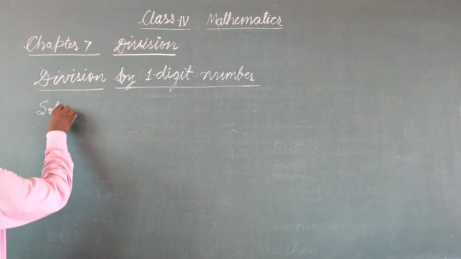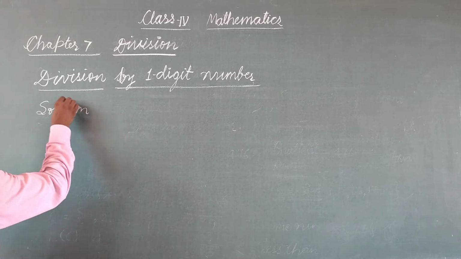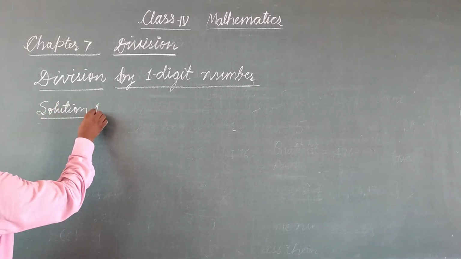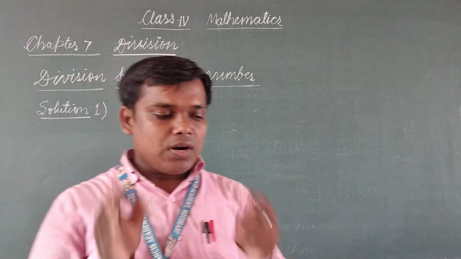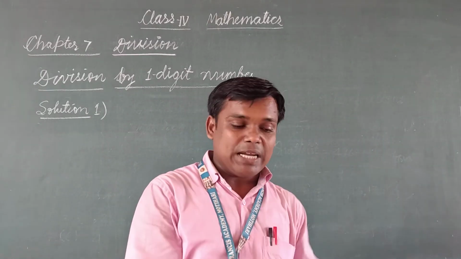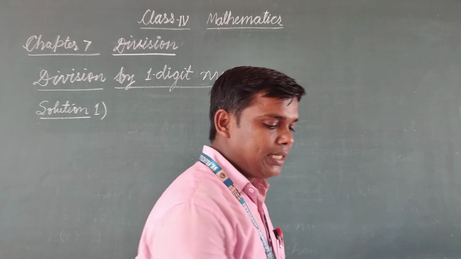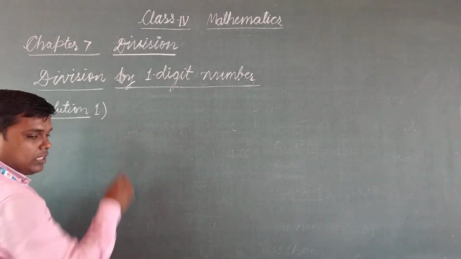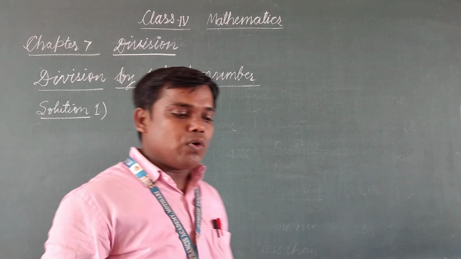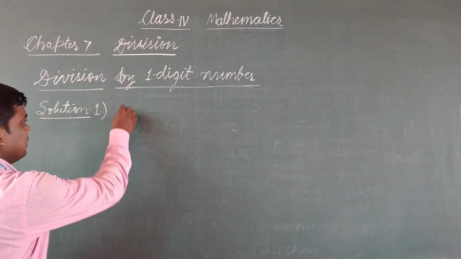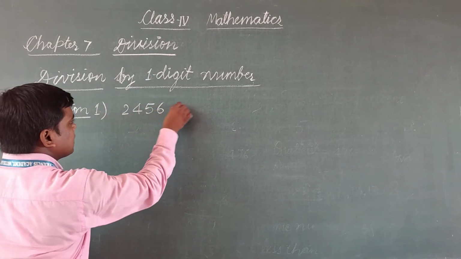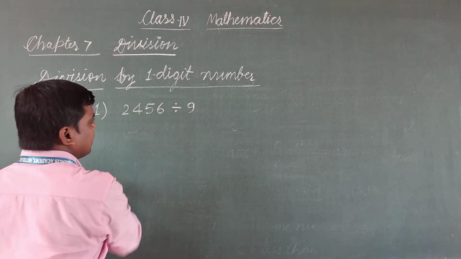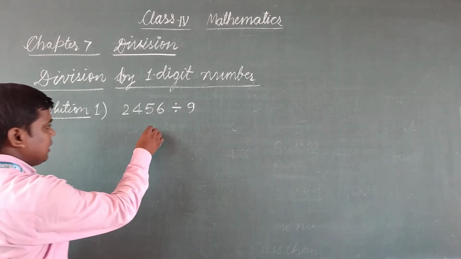Solution of question number 1, which is given: find the quotient and remainder. And first question is given 2456 divided by 9. So we will divide.